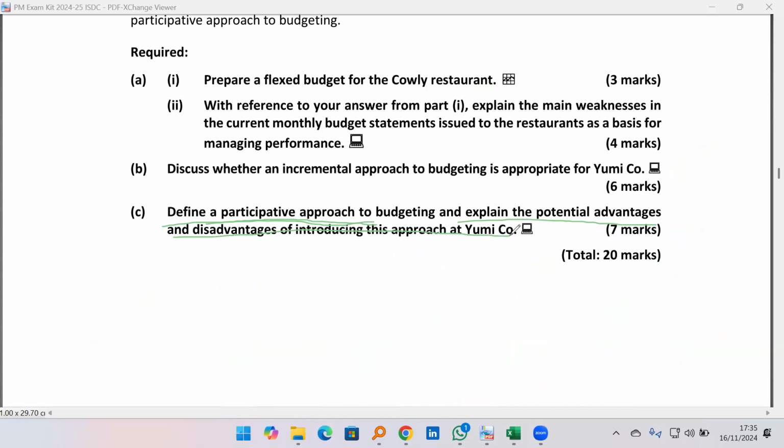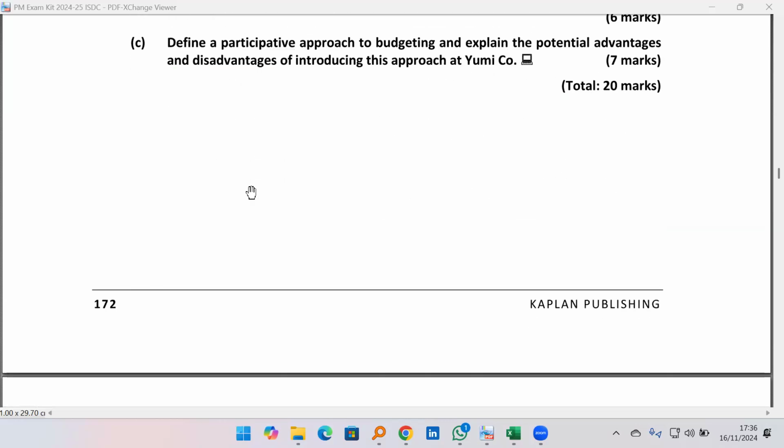Now, one thing you need to remember when you are doing these questions is that you have to answer all the parts that are given to you in a question. Now, this question has 3 parts. You have to define this approach, and then you give advantages and disadvantages of having that approach for Yumi. If you don't give all the 3 perspectives, you're going to not get all the marks that you could have got.